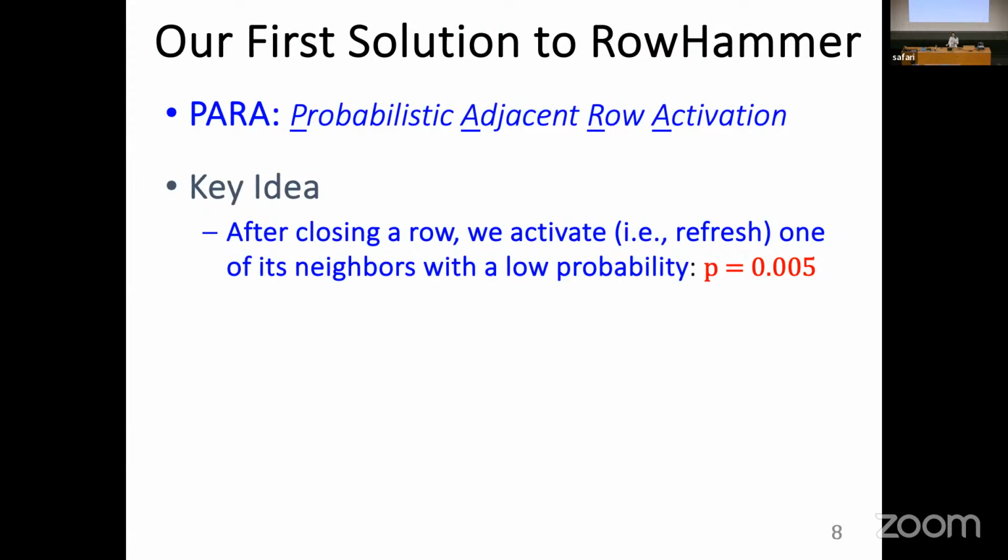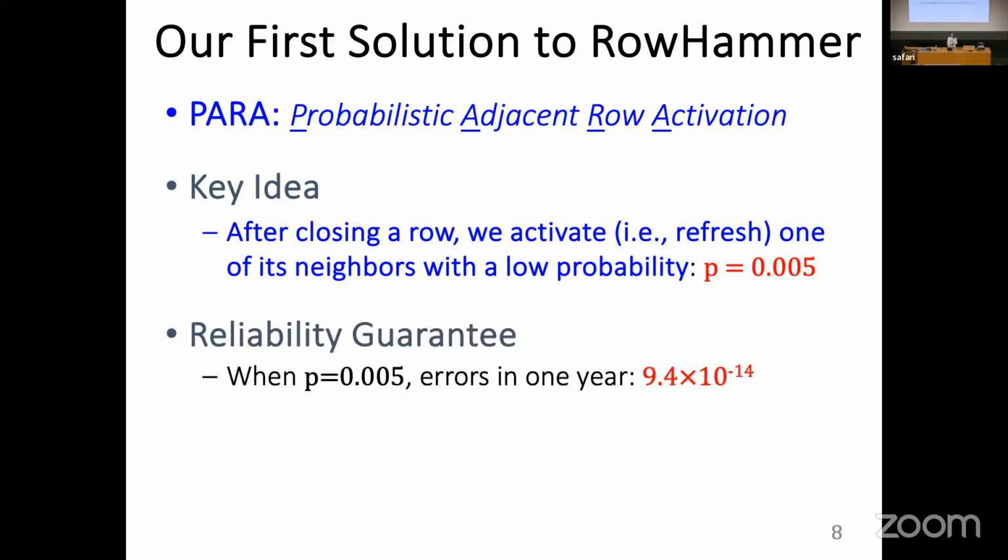I'm not going to go over PARA again, but the key idea is that after closing a row, we activate or refresh one of its neighbors with a low probability. And this gives us a reliability guarantee, since based on this probability threshold, we can say that we will have Bitflips less likely if we generate a random number after closing a row and decide to refresh victims based on that threshold.